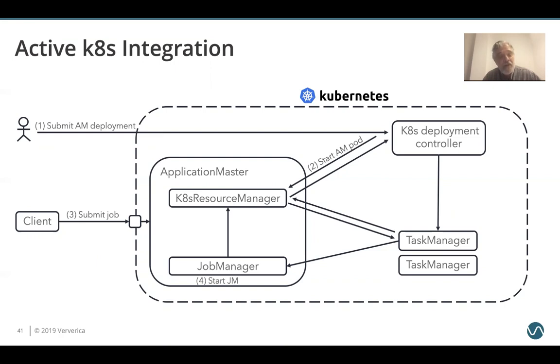When you submit the job, the mini dispatcher in the application master would start up a job manager. That job manager would request slots from the resource manager. The resource manager would react to that by using the deployment controller to create whatever resources need to be created. So it would spin up task managers. Those task managers would register their existence with the resource manager, which would then request slots from them, and those slots would be offered to the job manager.